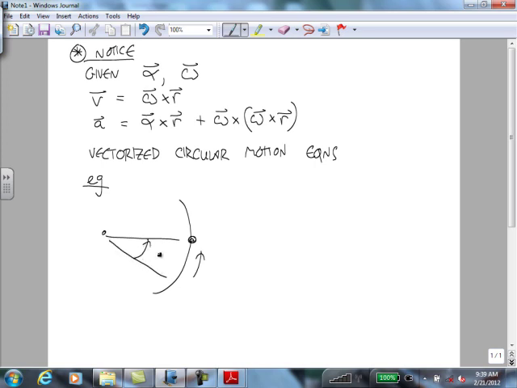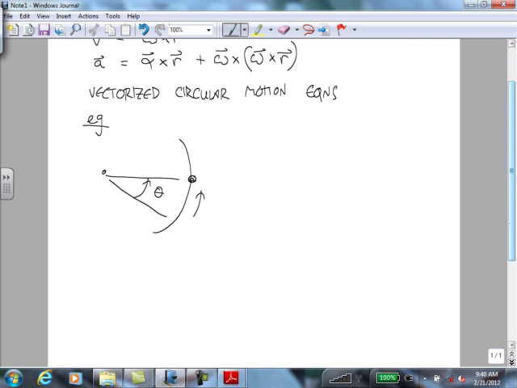You knew the function that defined the change in the angular position of this particle over this circle. You could use these equations. They give you the velocity, they give you the tangential acceleration and the centripetal acceleration.